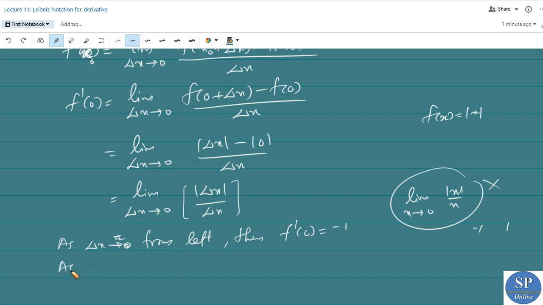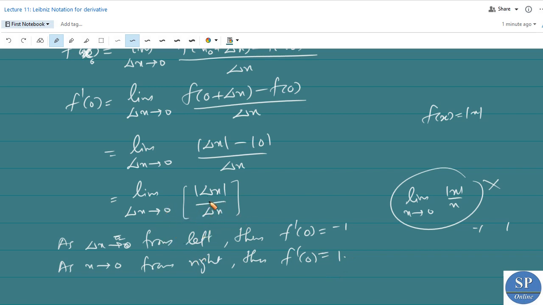When delta x approaches 0 from right, that is delta x is greater than 0, the limit has the value 1. So this limit is not unique.